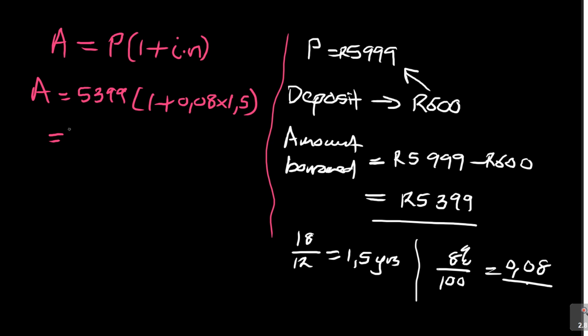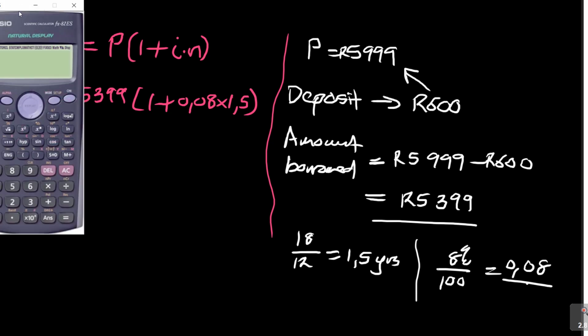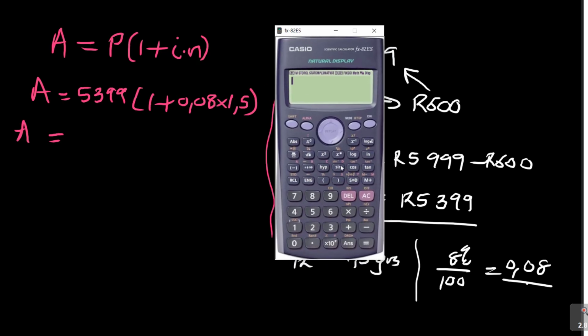So that's what we need to find out. How much is this loan at the end? Because if you don't do that, it will be difficult to find the monthly payments. How much is this loan after 18 months? How much are you supposed to pay after 18 months? That's what you're doing. In other words, you are growing this money for 18 months. How much is it going to be?